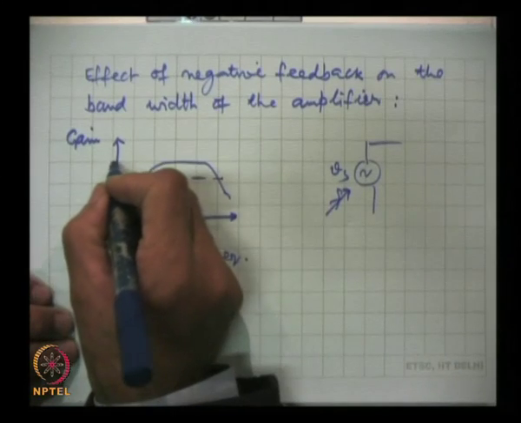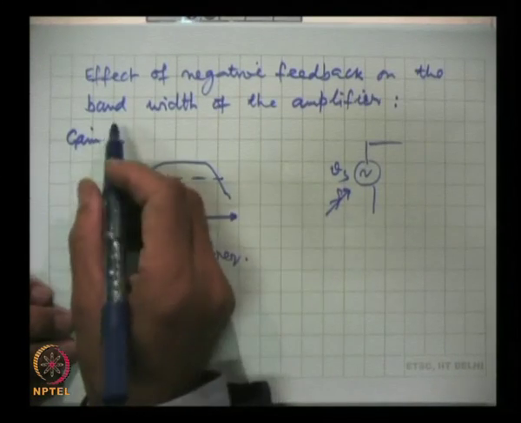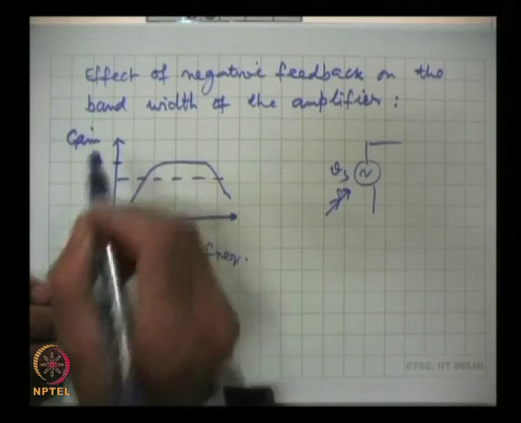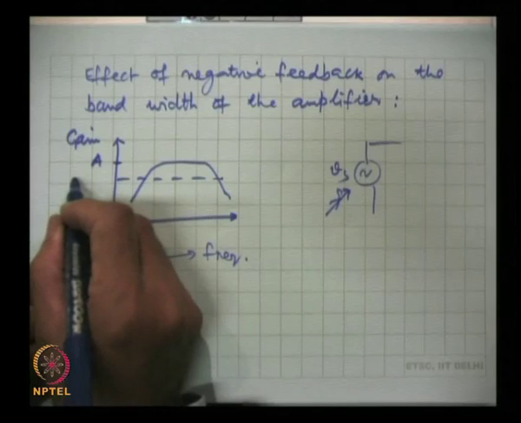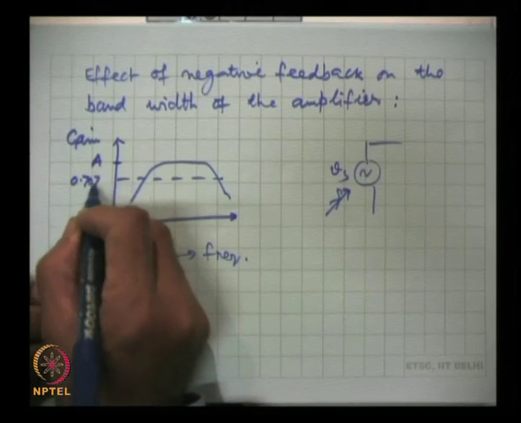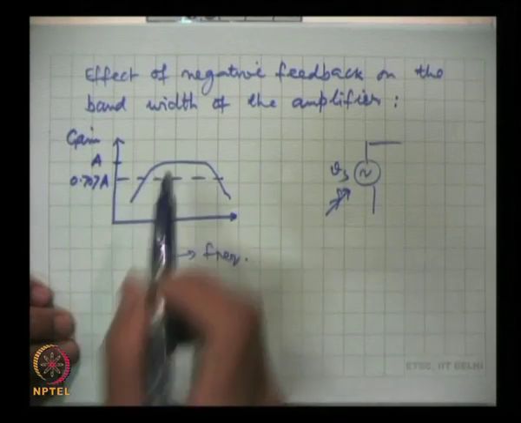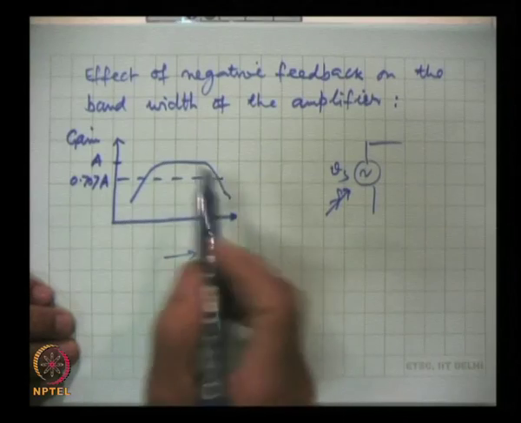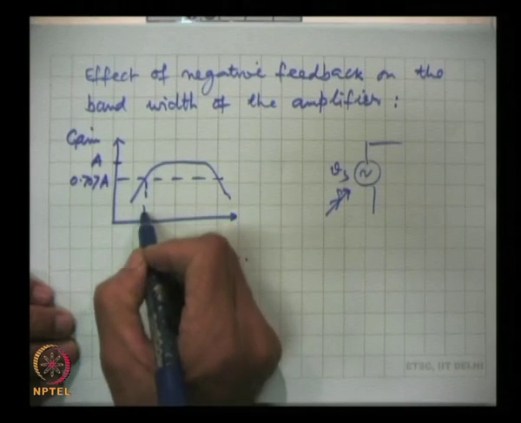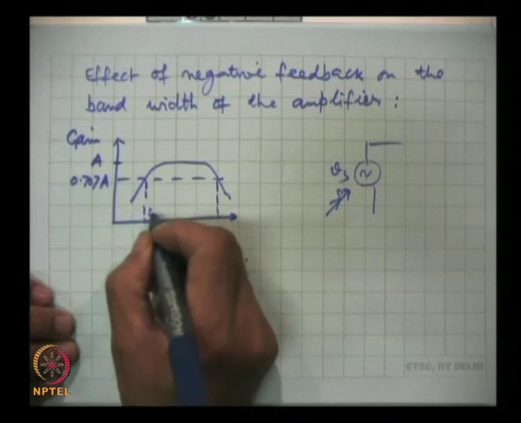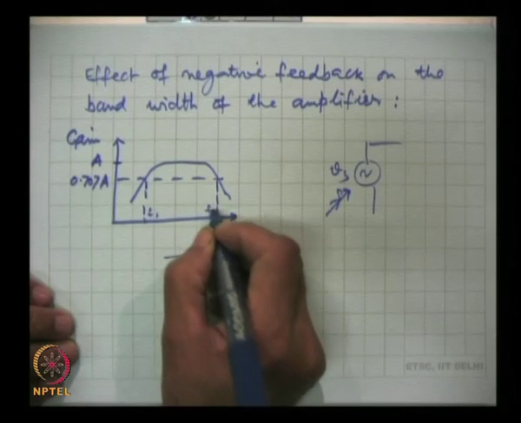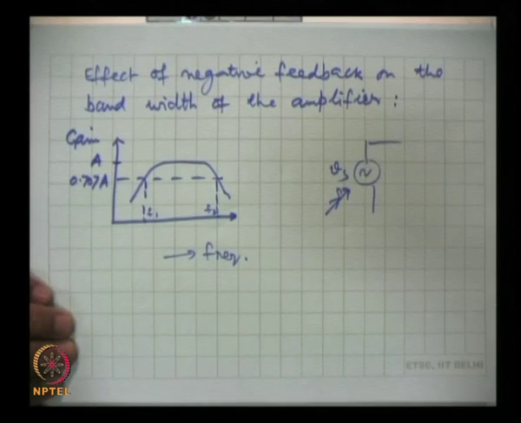So, if here the gain is taken as A, we take 70.7%, that is 0.707 of the gain, we draw a line, and this line cuts at 2 points, here and here. This is F1 and this is F2. These are two cutoff frequencies.